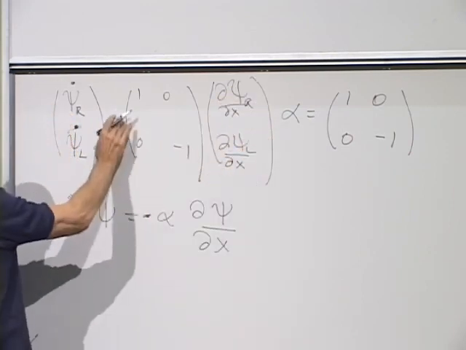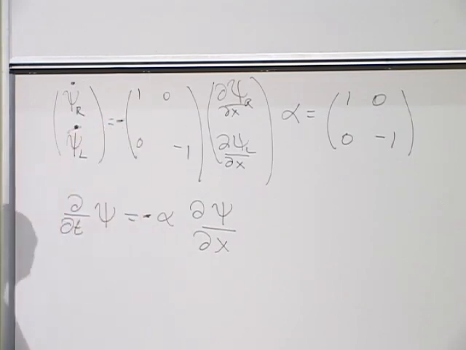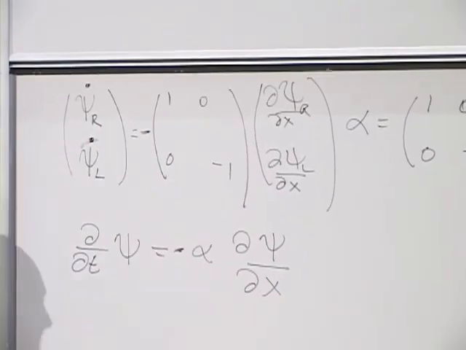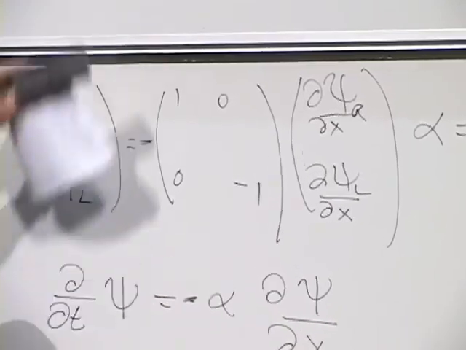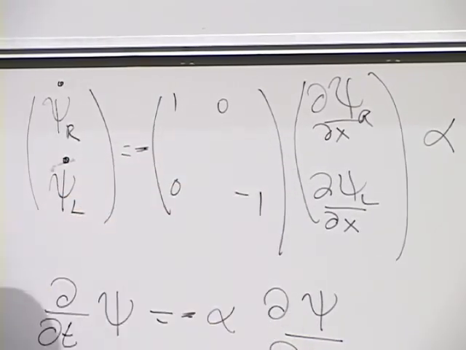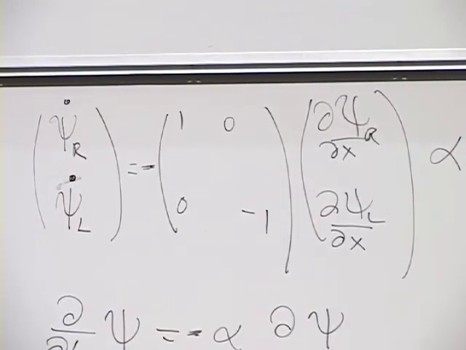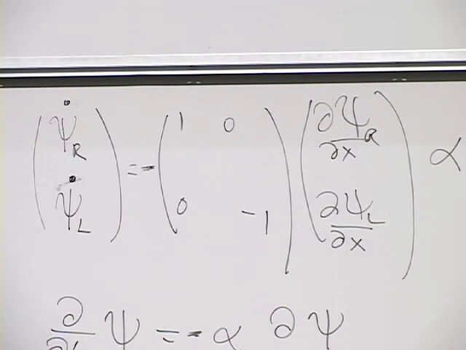Oops, there's a minus sign. There should be a minus sign in here, like that. So this is just a fancy trick for writing two separate linear equations and putting them together into a matrix notation. And it's very convenient. But it hasn't done any new physics.